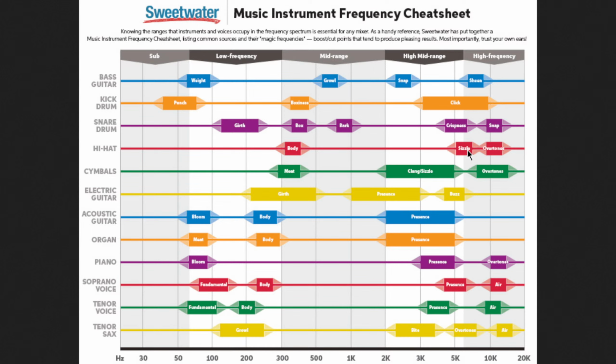But mostly, as you see, the sizzle, the overtone, that's the main thing we want to be working with on that hi-hat. Boosting some of those frequencies so that we get a crispier hi-hat, and then dropping down some of our volume from the hi-hat so it's not as loud, of course, because those frequencies can really be harsh on the ear if they're too loud.